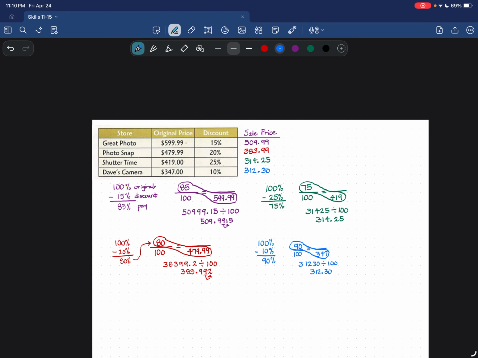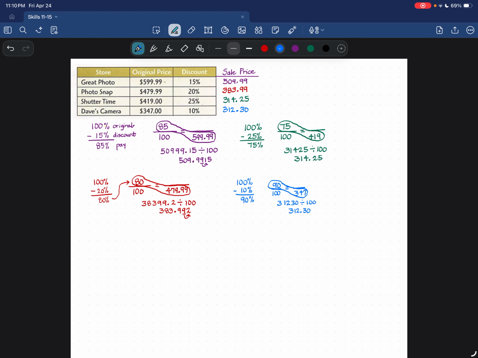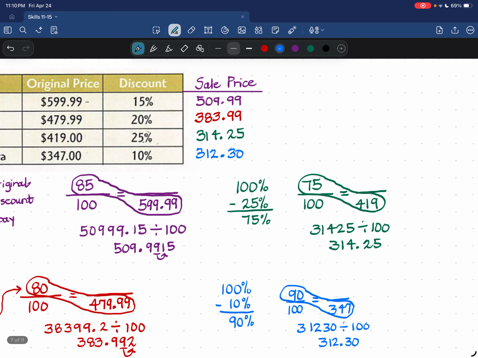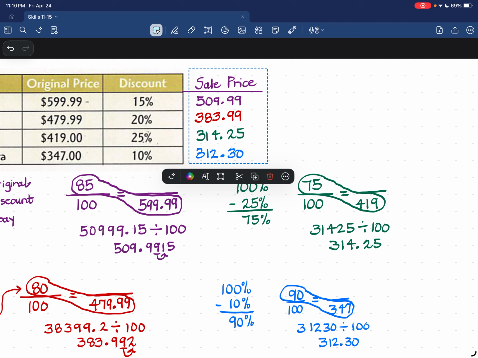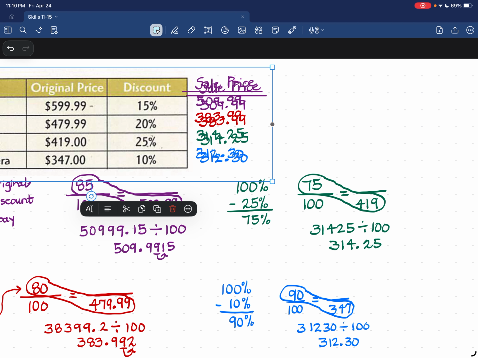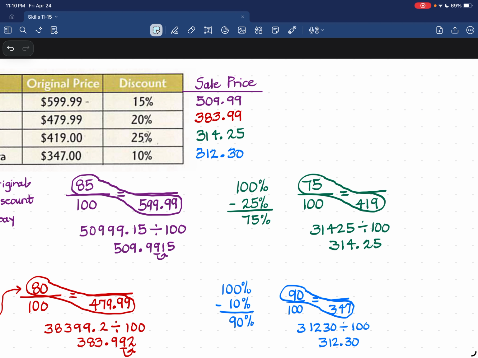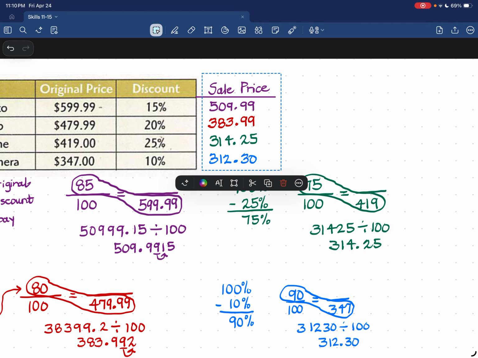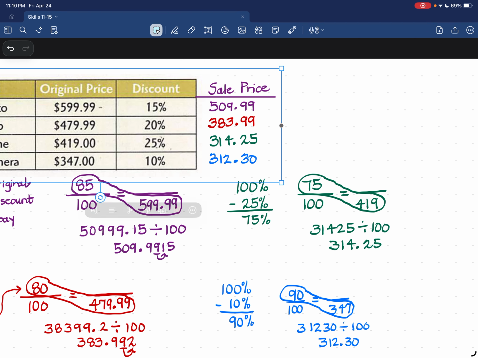So I have calculated the sale prices for each of those stores. And I'm going to make a copy of this so that I can bring it back over. Ooh, don't want to do that. That is linked together somehow. So I guess I'll make a copy of the whole thing.